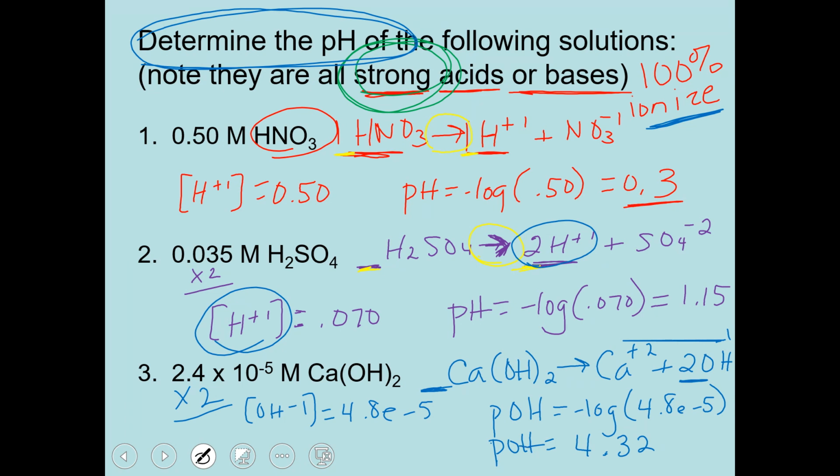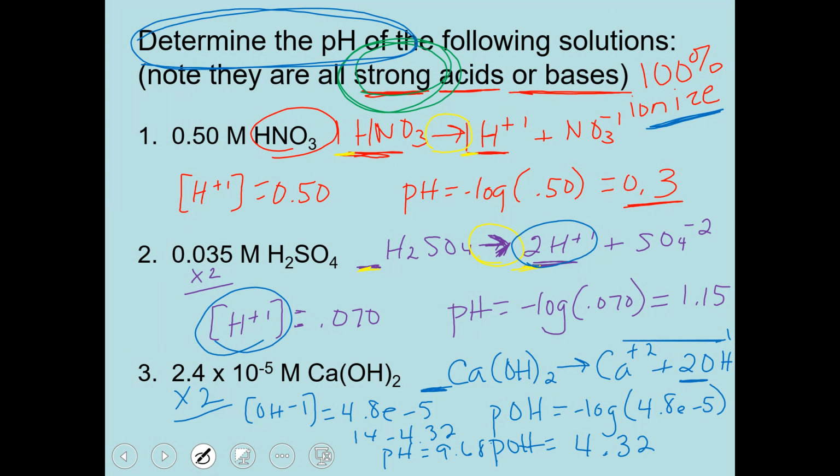If you need the pH and you've got the pOH, all you do is subtract from 14. So 14 minus 4.32 gives me a pH of 9.68.